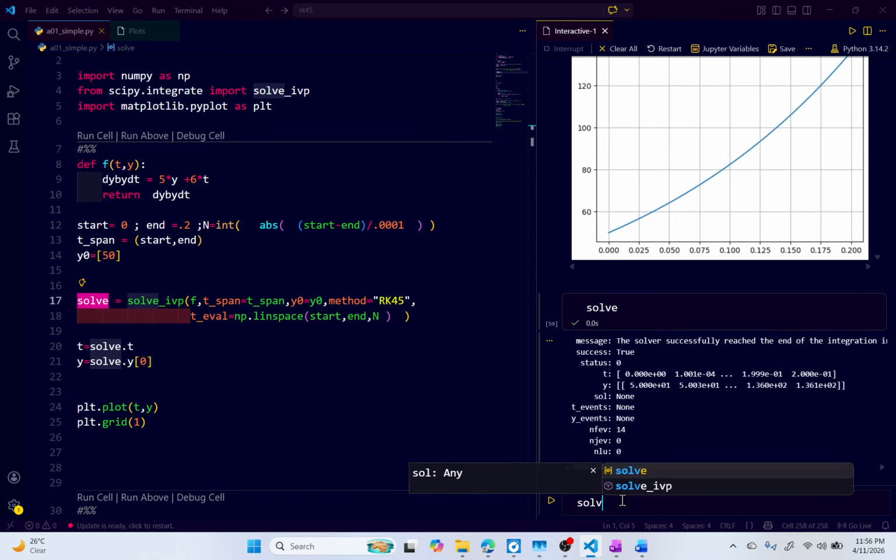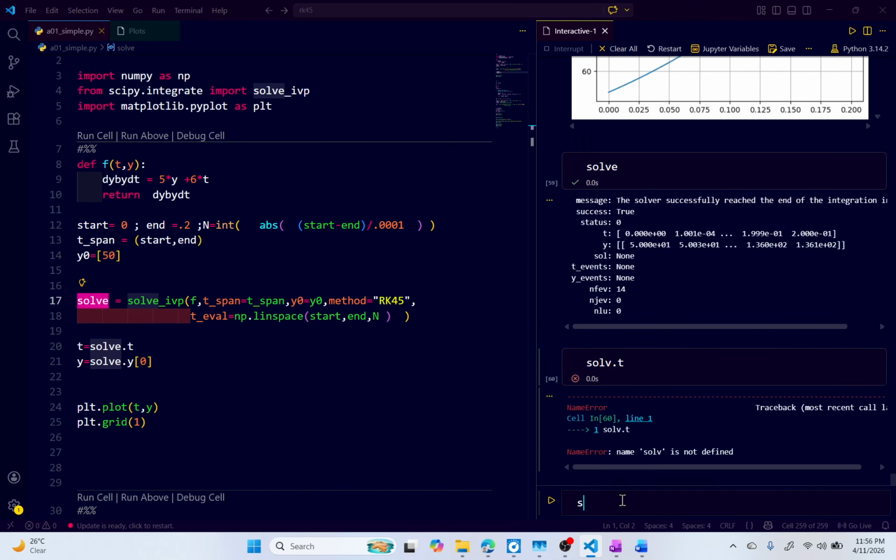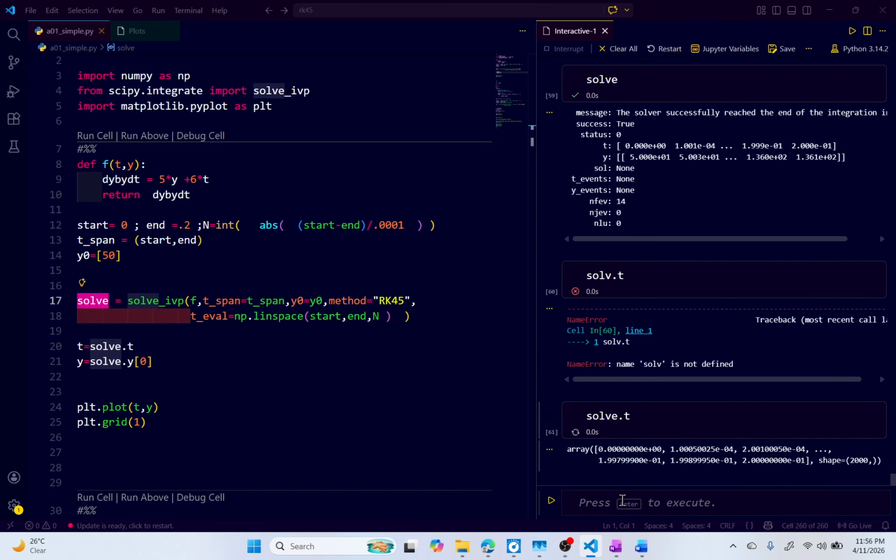Simple, solve.t. Here you have the time, and you see you have 2000 samples of time. Why 2000 samples? Because t_eval has 2000 samples of time, and you are sending t_eval by np.linspace from the starting to the ending position, and the number is 2000.